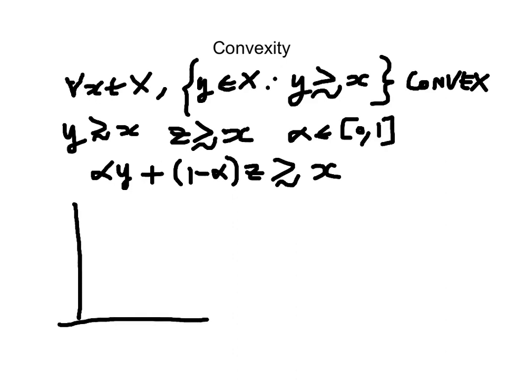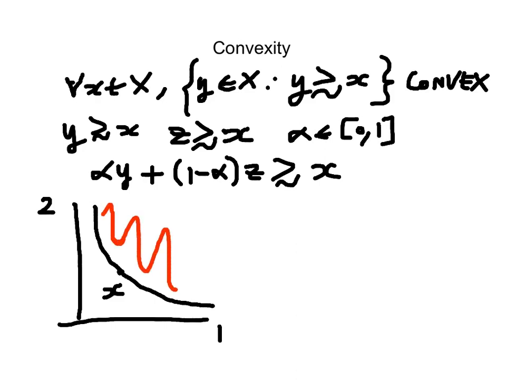Okay, here's commodity 1, commodity 2, here is my bundle x. And let me show you the indifference surface, which is like this. So this is the upper contour set. Let me change color here, right? This is the upper contour set.